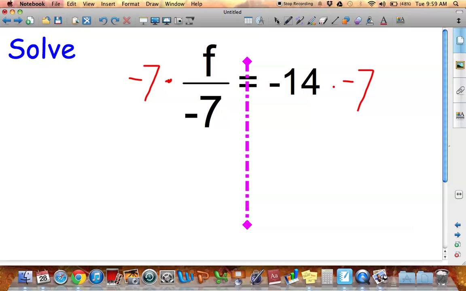Okay, so let's see. A negative 7 times something that's being divided by negative 7, those are going to cancel. Exactly what we want. I know over here that a negative times a negative is going to give me a positive. And if you need to, you can use a calculator, but I know that 10 times 7 would give me 70, 4 times 7 would give me 28, so 70 plus 28 would give me 98.